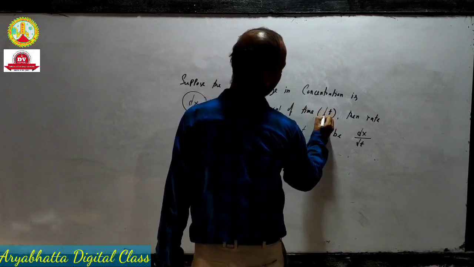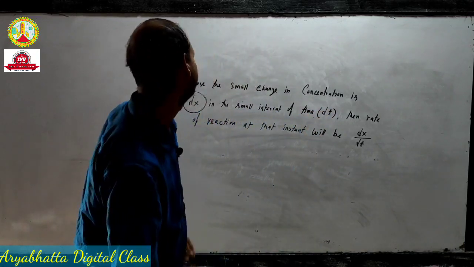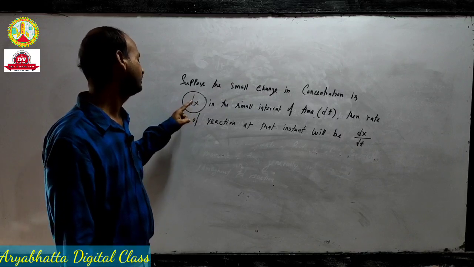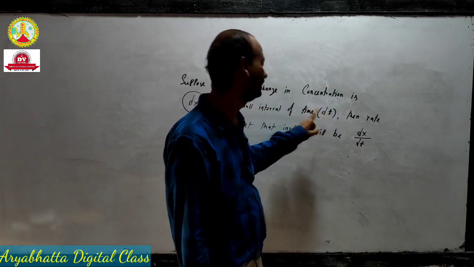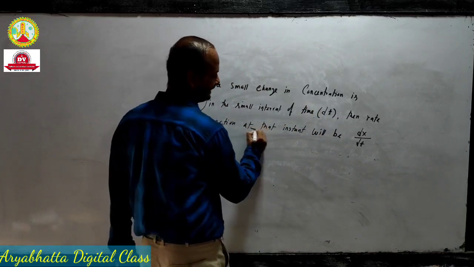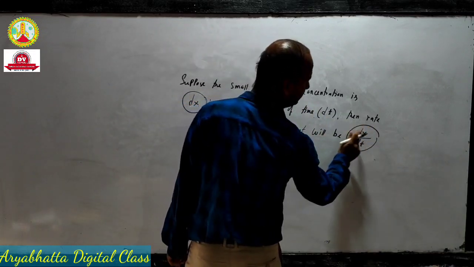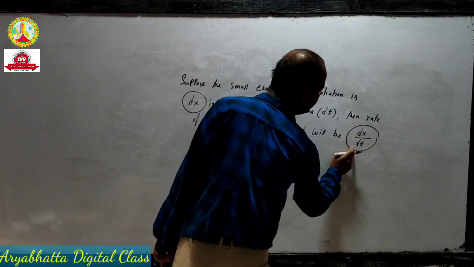This should be small d, not delta t. I am very sorry, students. This is the small change in concentration, represented by dx, in the small interval of time dt. So the instantaneous rate at that instant will be dx by dt.